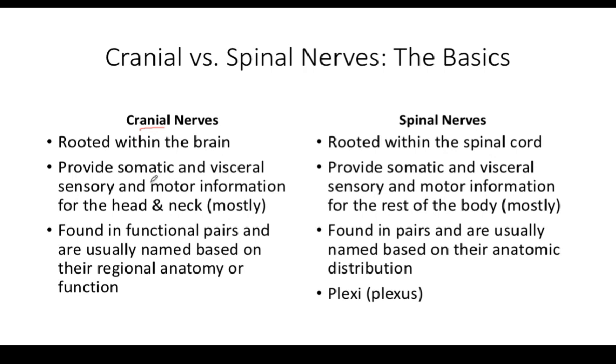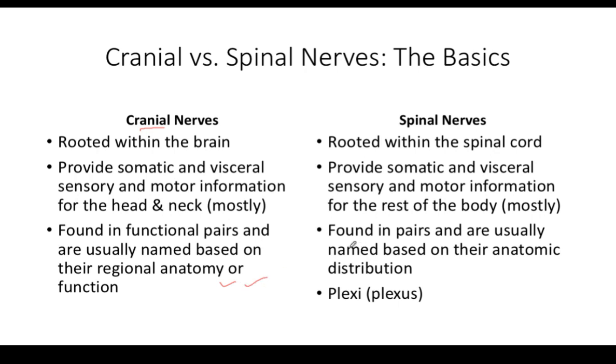Some cranial nerves are purely sensory, some are purely motor, some have both characteristics to them. Versus spinal nerves, you're seeing both sensory and motor information moving through those. They're found in pairs. Both types of nerves are found in pairs. But like I said, you're looking at more functional pairs with cranial nerves. And the cranial nerves are usually named based on some anatomic characteristic or functional characteristic.